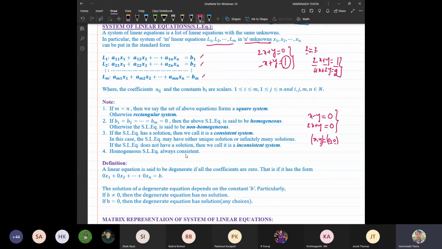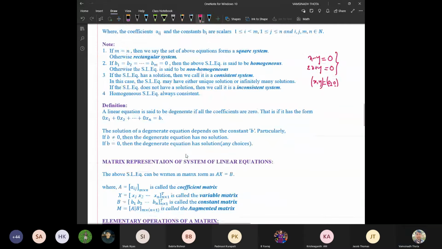This is the trivial solution for a homogeneous system. However many variables there are, you consider each variable as 0, 0, 0, 0, 0. What I mean to say here is that every homogeneous system is consistent.